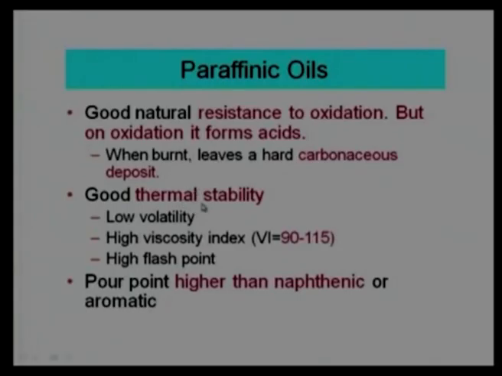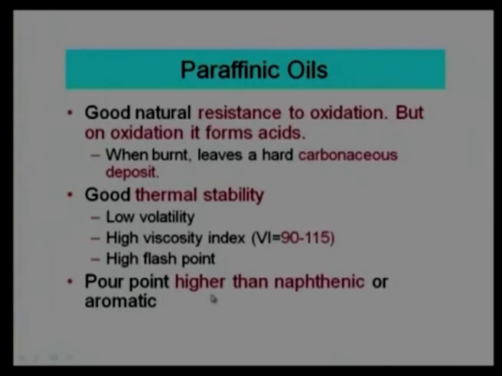Coming to the second point, we say that they have thermal stability, volatility is lower, they are not as fast degrading with temperature. So, viscosity index is high, 90 to 115. Of course, this is subjective, and a few mineral oils have a lesser, or a few paraffinic oils have a lesser than 90, but we are leaving those exceptions. And in addition, they have a high flash temperature.